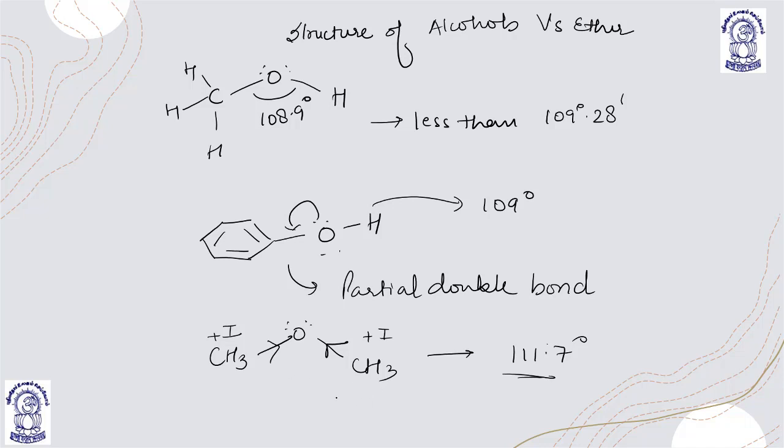Here we can see, because of high repulsive interaction between alkyl groups, the bond angle is more. So this is about the structure, IUPAC nomenclature and the classification.